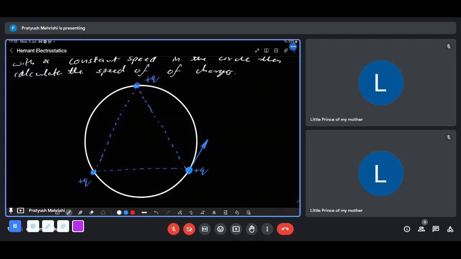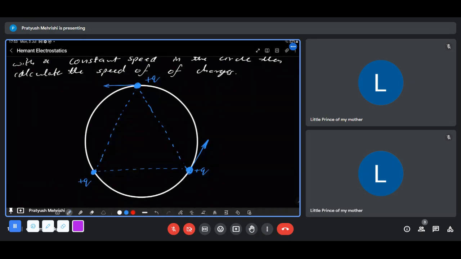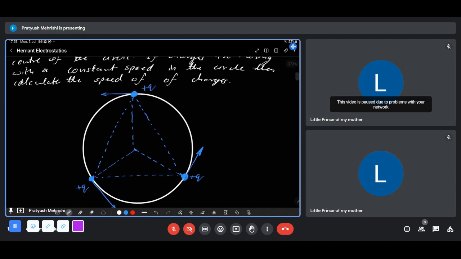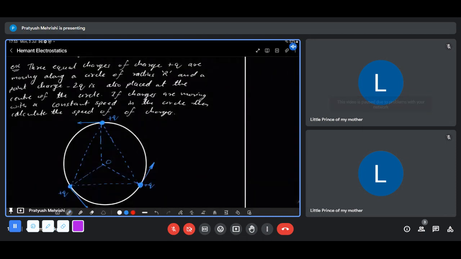This is in this direction. Yes, solve it now. Question is visible. This is the center.